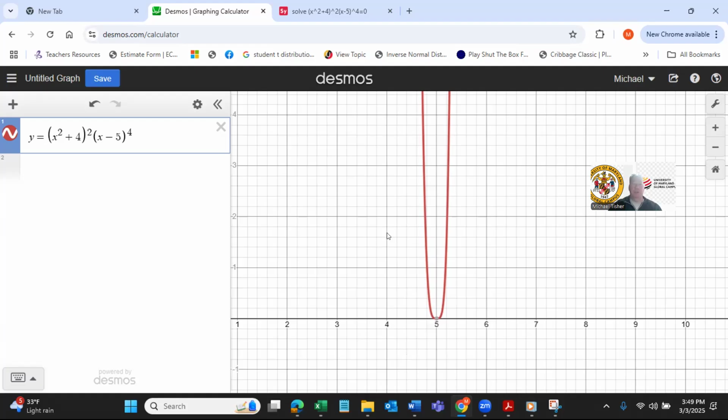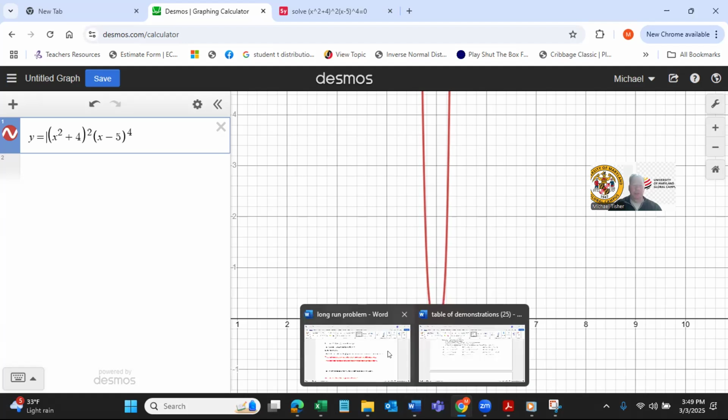And so we had a real zero of 5 from the a part, and that corresponds to an x-intercept of 5, which is right here. According to the b part, we want to know whether it crosses or touches at (5, 0). And it looks like it just comes down and touches it, and then it goes back up. So it doesn't really cross the 5 at all. So we'll say it touches.